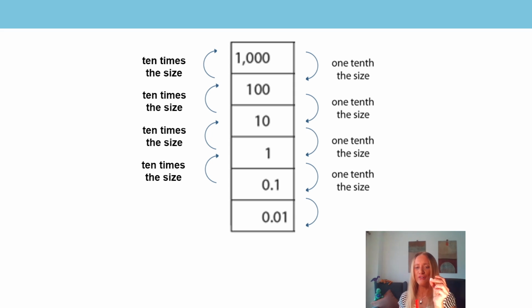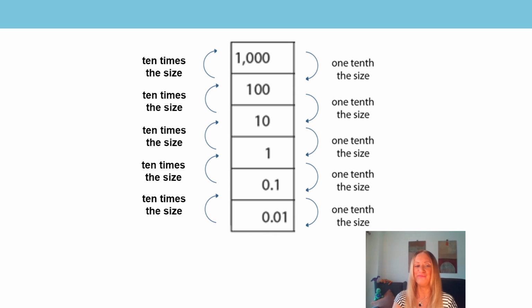So 1/100th is 1/10 of the size of 1/10, because 10 100ths is equivalent to 1/10. And therefore, what does this arrow show? It shows that 1/10 is 10 times the size of 1/100th.